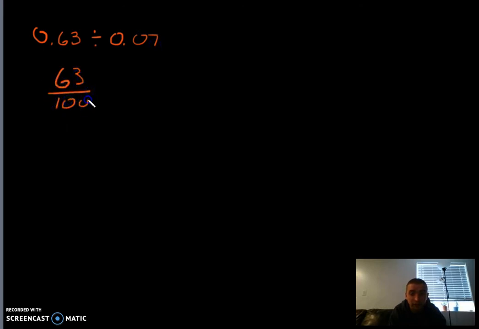Remember, one of our strategies for division is that if our denominators are the same, I can just divide across. The reasoning is that 100 divided by 100 gets me 1, and 63 divided by 7 is 9. 9 over 1 would just be 9. So 63/100 divided by 7/100 gives me an answer of 9.